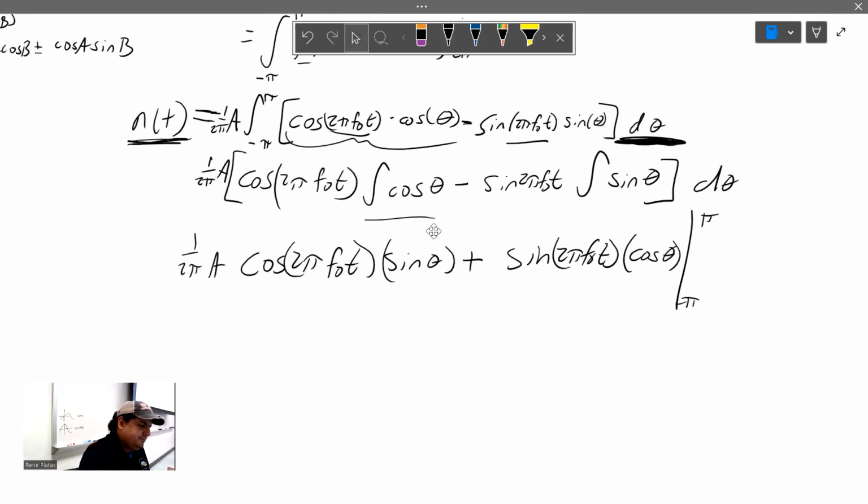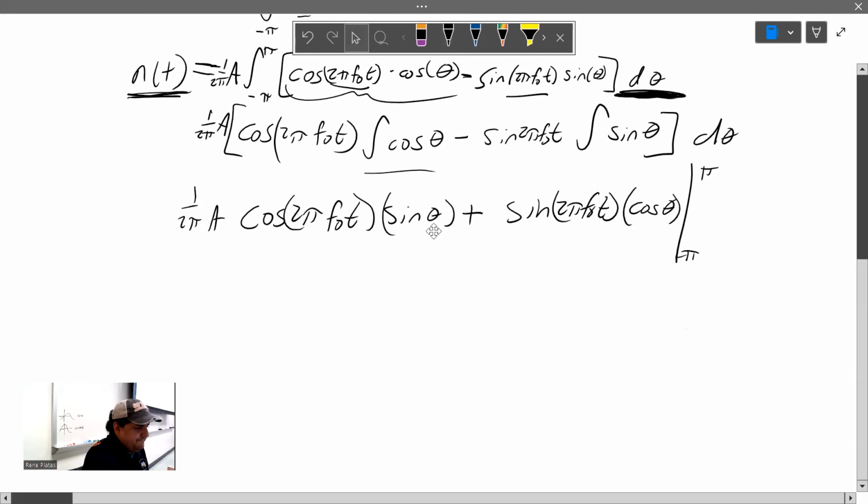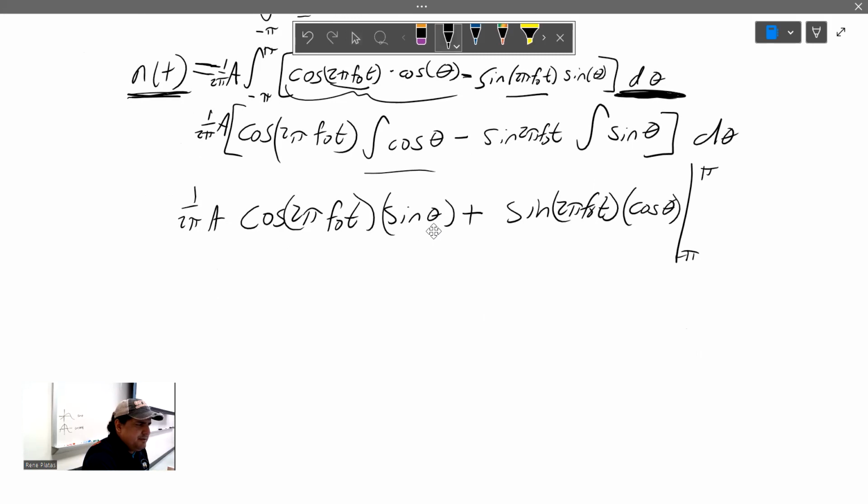Because it's evaluated at pi, the sine becomes 0. So both of these are going to be 0, and this is all going to cancel. All we're left with is sine of 2 pi f0 t.